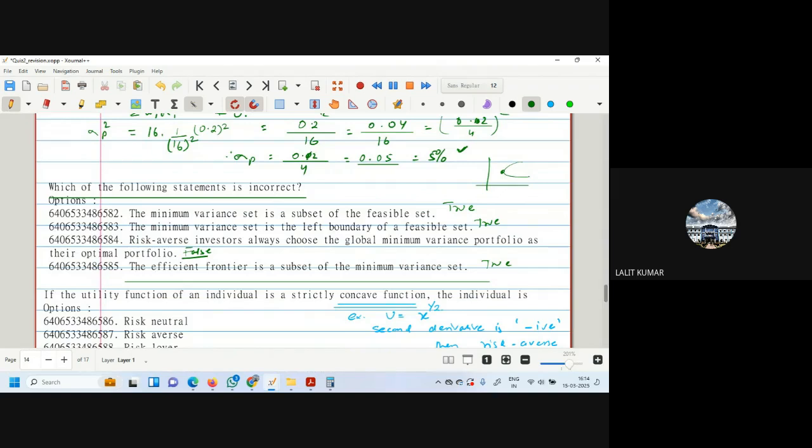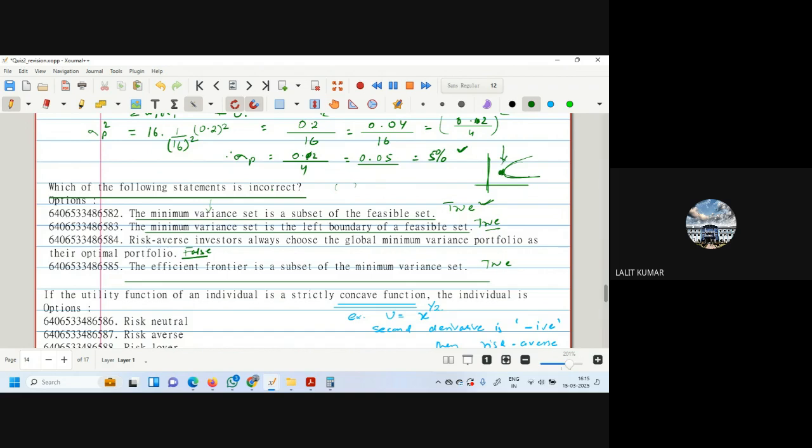Okay, which of the following statements is incorrect? The minimum variance set is a subset of the feasible set. This is true. The minimum variance set is the left boundary of a feasible set. This is also true because this was covered in the lecture, the left side of the GMV which you get.